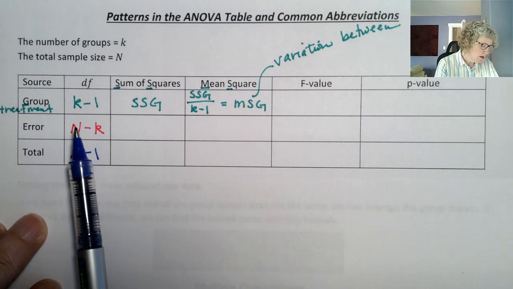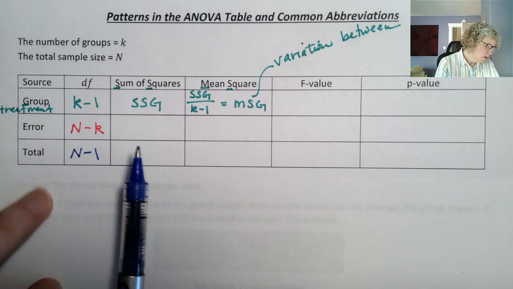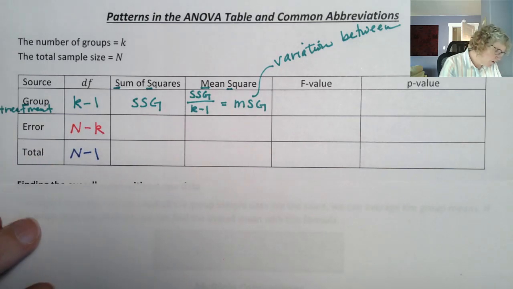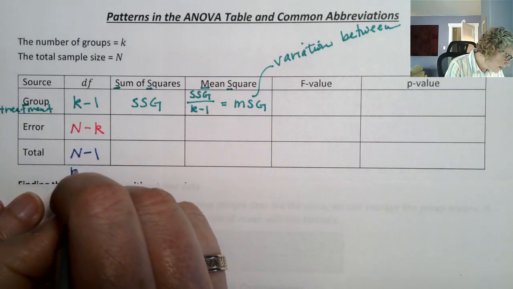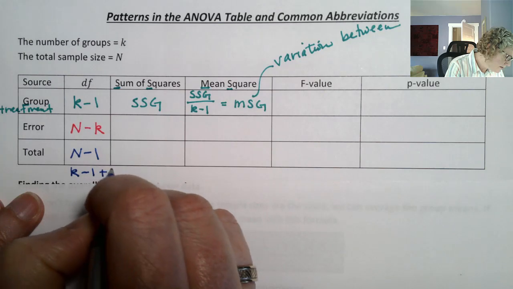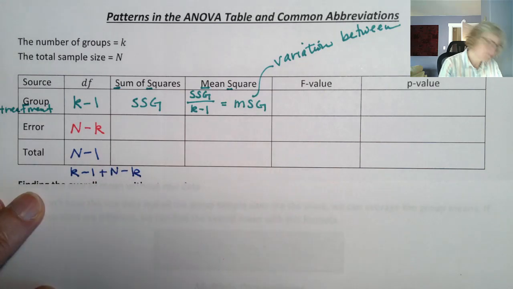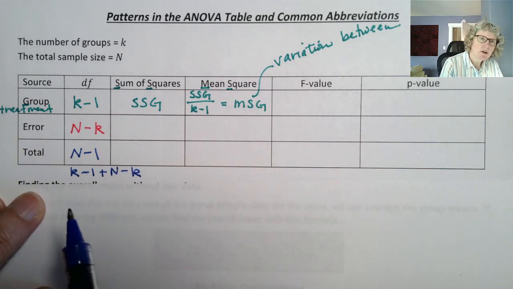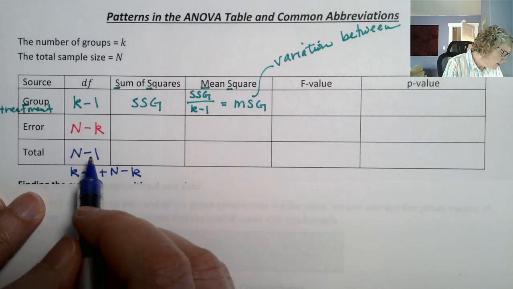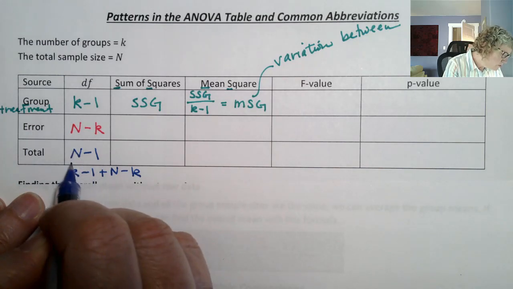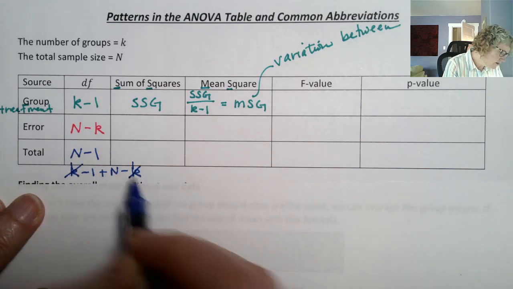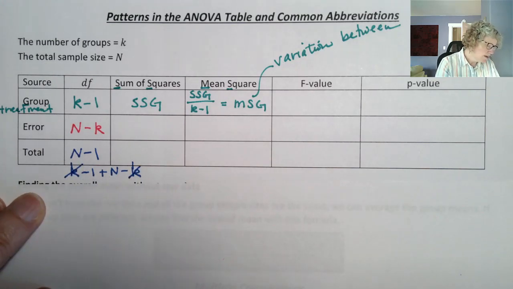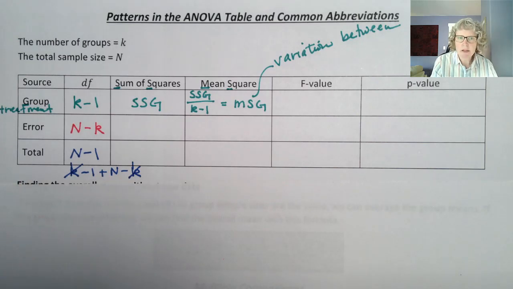If I add these up, K minus 1 plus N minus K, my two K's cancel out, so we end up with N minus 1. Interesting, huh? So many patterns.